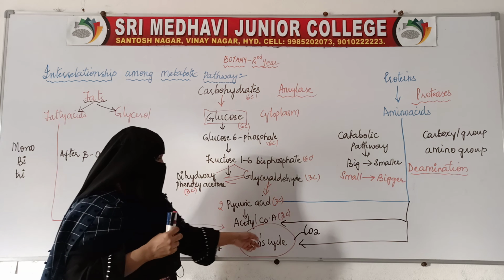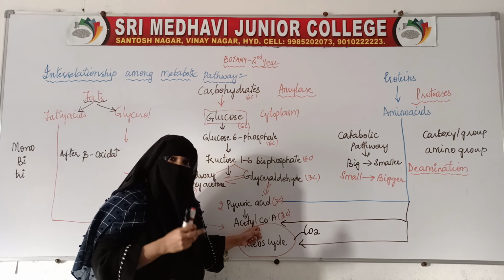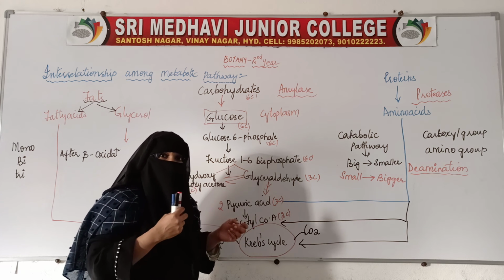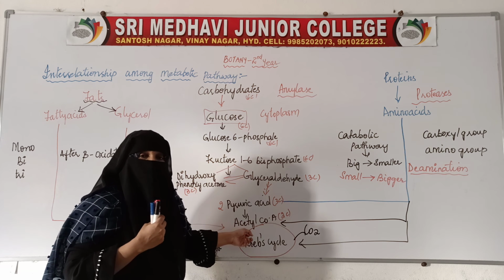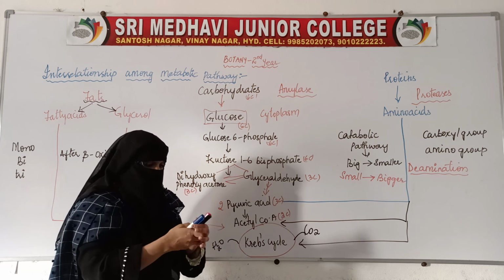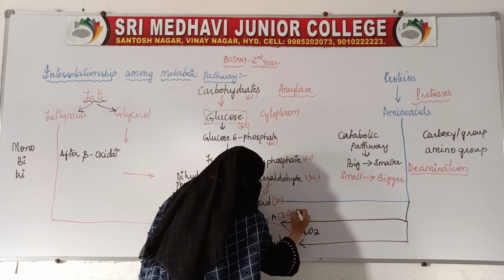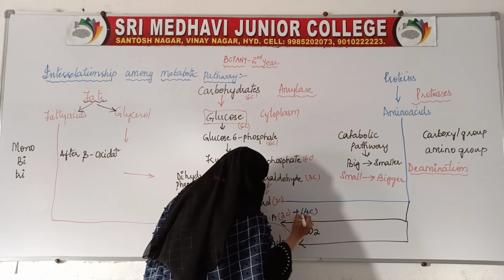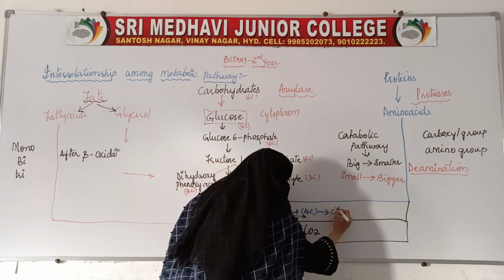Here, take an example. Acetyl coenzyme A combines with oxaloacetic acid. Acetyl coenzyme A is a 2-carbon compound. Oxaloacetic acid is a 4-carbon compound. These two combine and form citric acid.